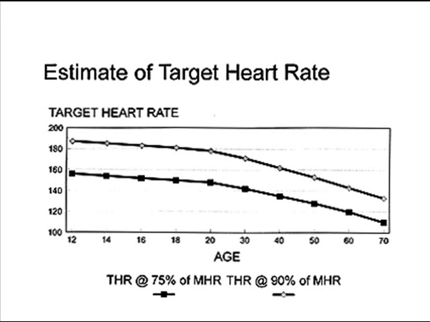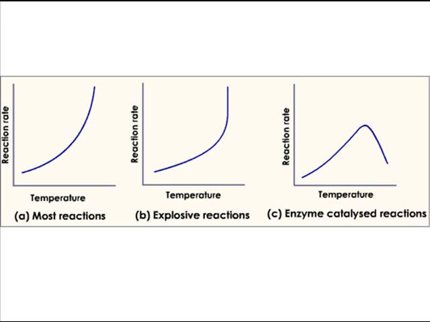You would say the person's age from 12 to approximately 20 leads to a slight decrease in the target heart rate. However, after the age of 20, the target heart rate falls more rapidly to the age of 70. Notice we address the issue that how quickly the target heart rate is changing is not consistent for the entire age of the person.